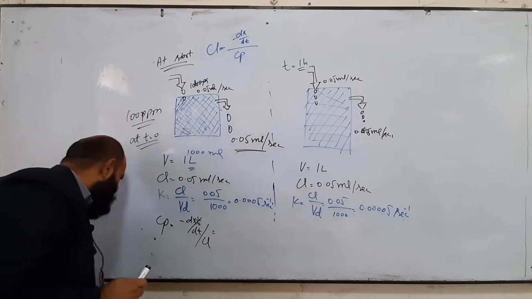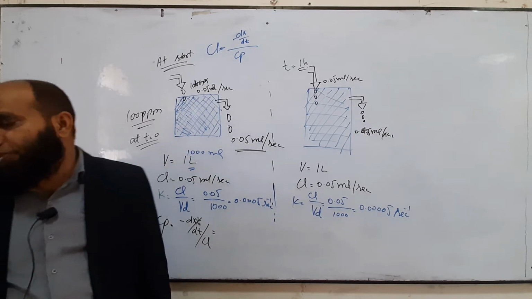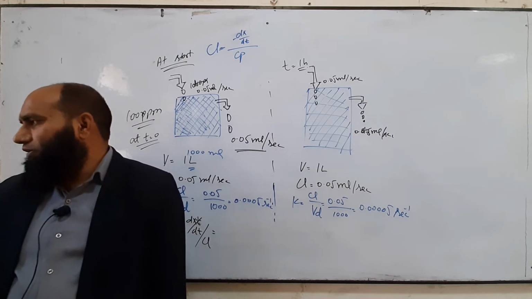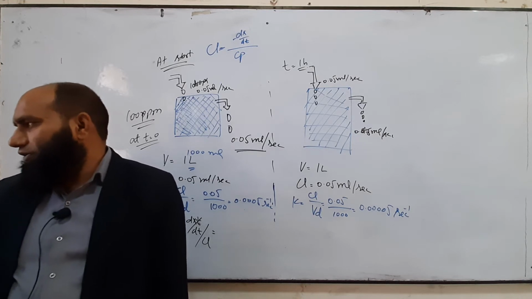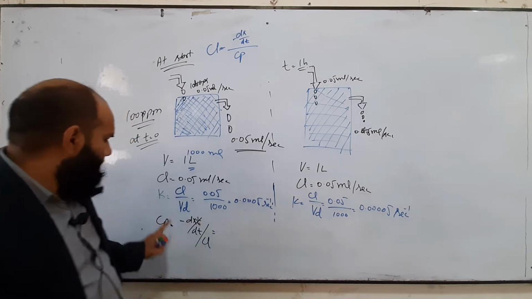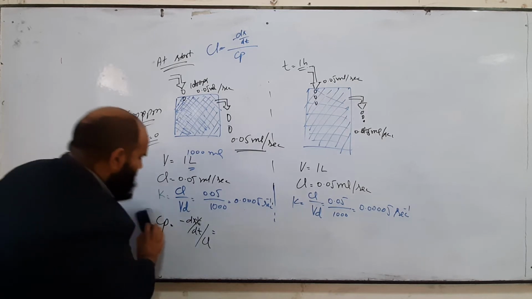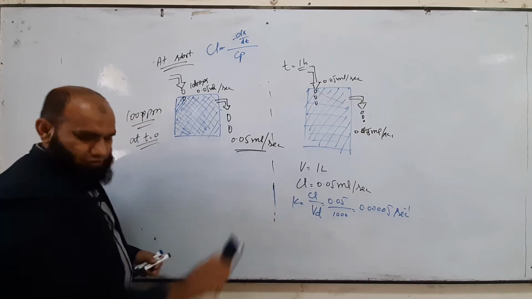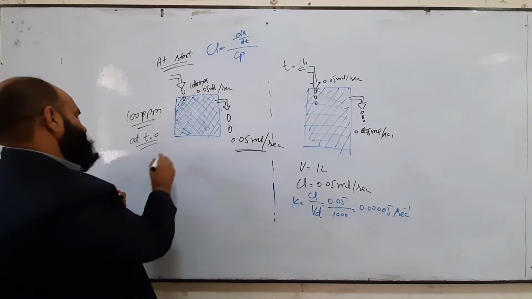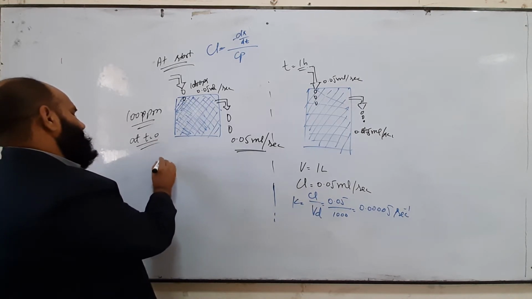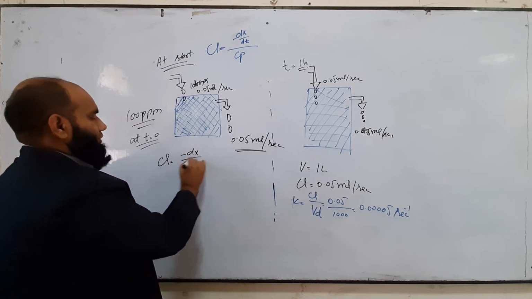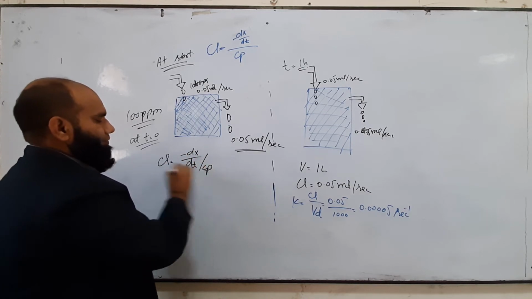When we divide, we get 0.05 ml, and this rate is now minus. So clearance is equal to minus dx over dt over Cp.